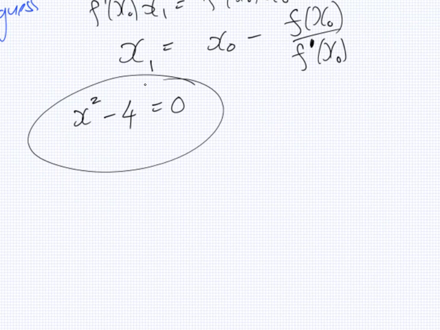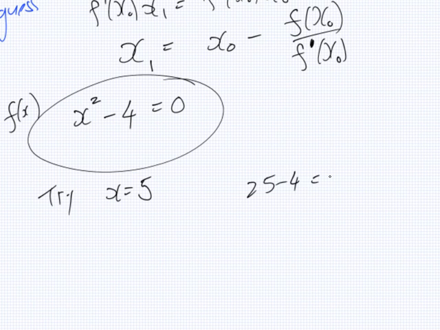We'll say 2 for the moment. So let's say we make a stupid guess. Let's say, we'll try x equals 5. Now, of course, that's wrong. If you try 5, what you'll get is 25 minus 4, which equals 21, which is definitely not 0.